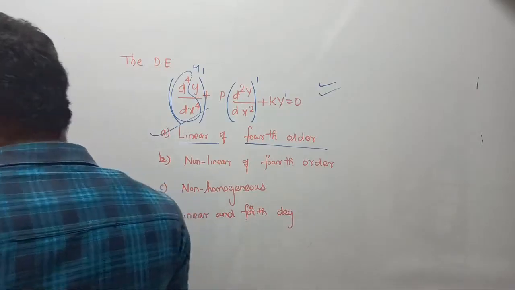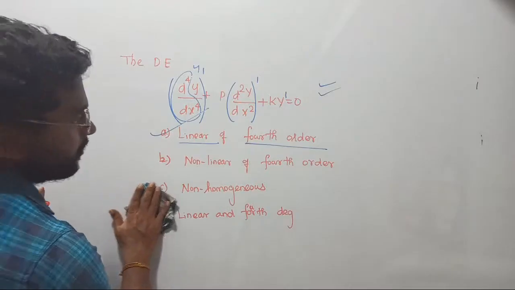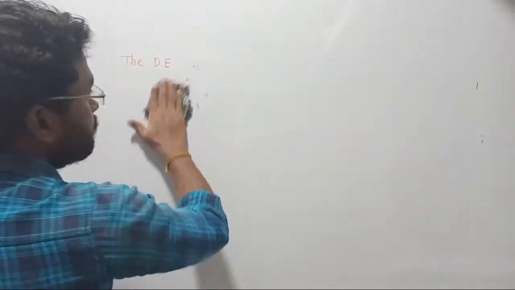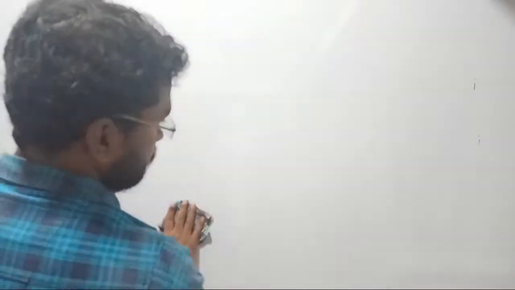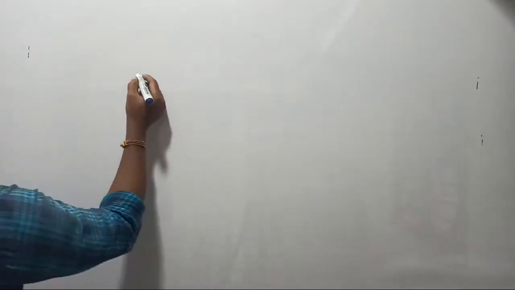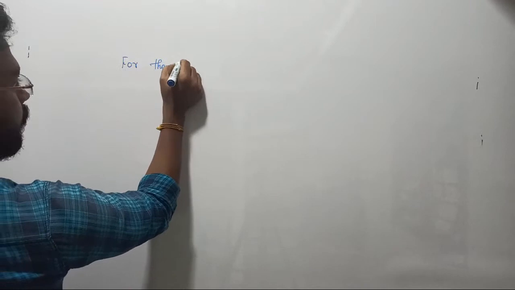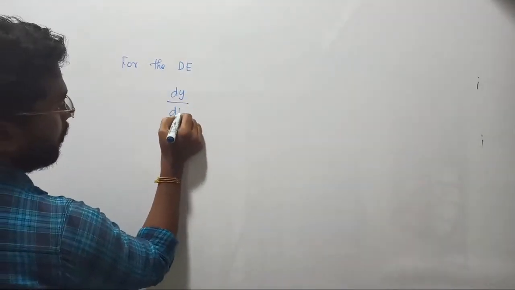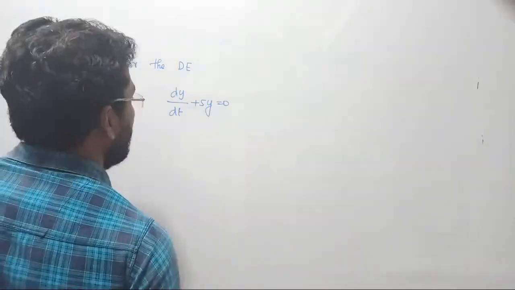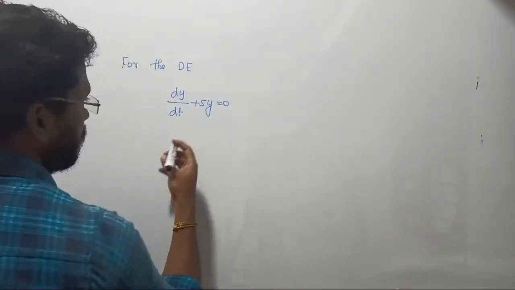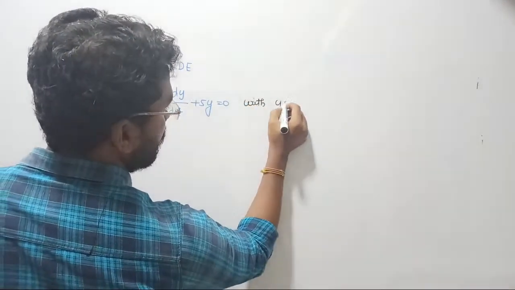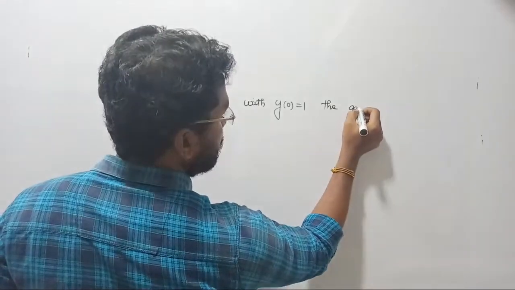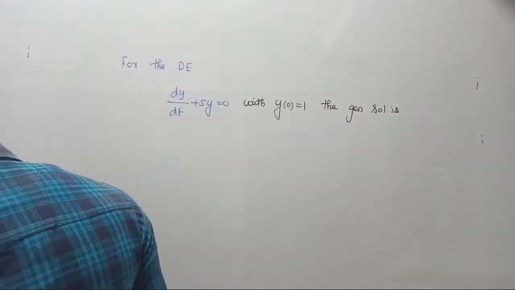The question is, for the differential equation dy upon dt plus 5 times y equal to 0, with y of 0 equal to 1, the general solution is dash.